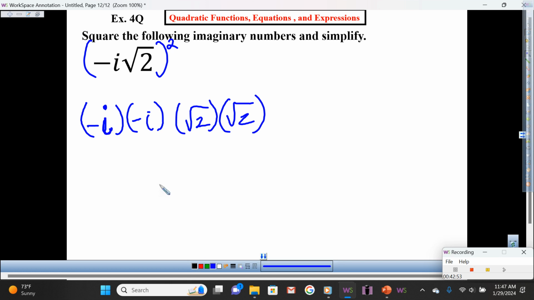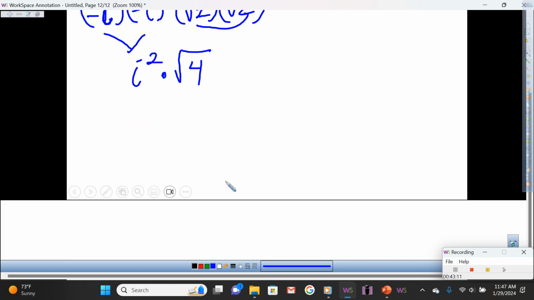All right, here it goes. -i times -i is i squared. Is that correct? Because negative times a negative is a positive. Times square root of 2 times square root of 2 is square root of 4, because 2 times 2 is 4. Okay. So what is square root of 4? 2. What is i squared? -1. So therefore, -2.